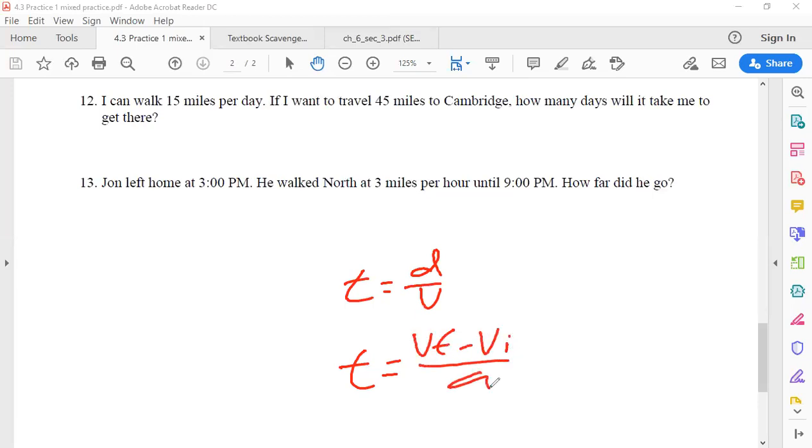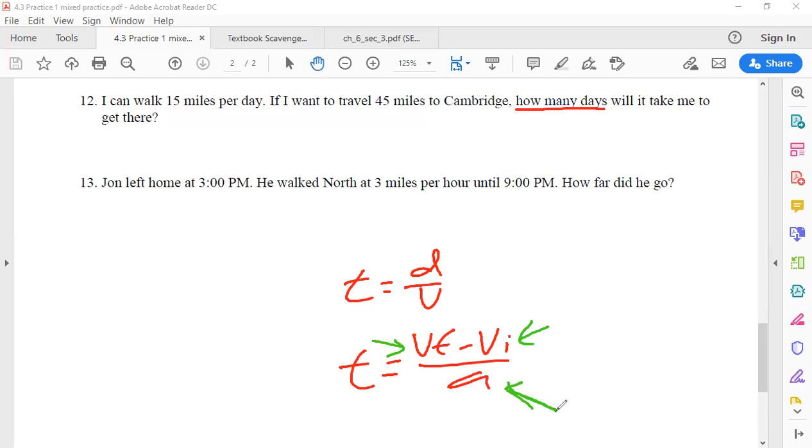And we have to decide, when it says how many days, is it asking how many days will it take the thing to speed up or to slow down? Oh, it doesn't give me a final velocity, it doesn't give me an initial velocity, and it doesn't give me an acceleration.